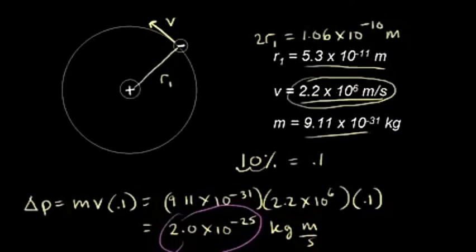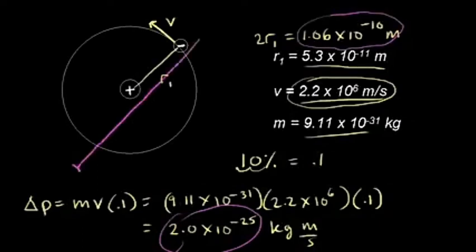Let's go back here to the picture of the hydrogen atom. 2.6 times 10 to the power negative 10 meters is greater than the diameter of our hydrogen atom. So the uncertainty is greater than this diameter. The uncertainty in position is greater than the diameter of the hydrogen atom using the Bohr model.